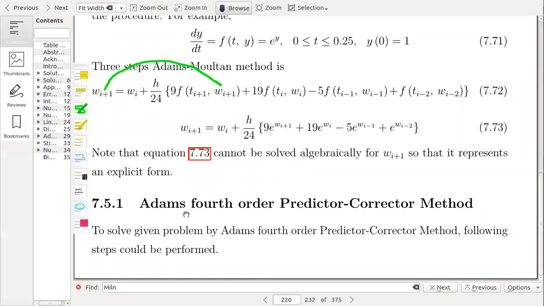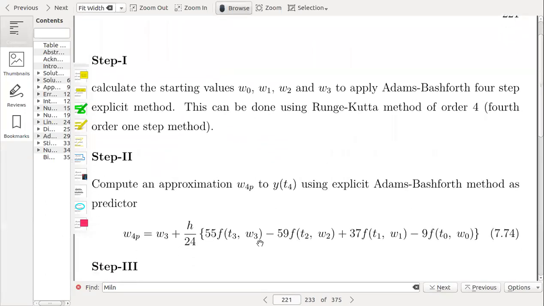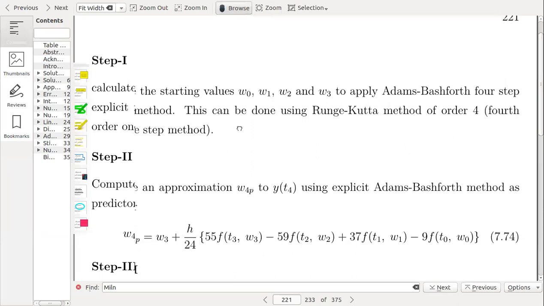Adams-Bashforth fourth order predictor-corrector method. To solve a given problem by the Adams fourth order predictor-corrector method, the following steps can be performed. In the first step we calculate the starting values.